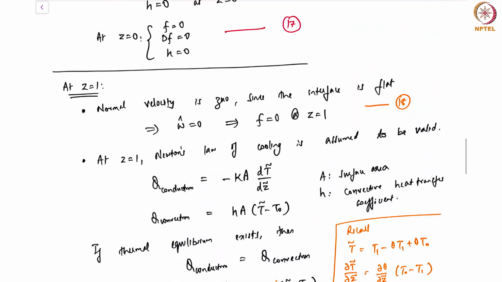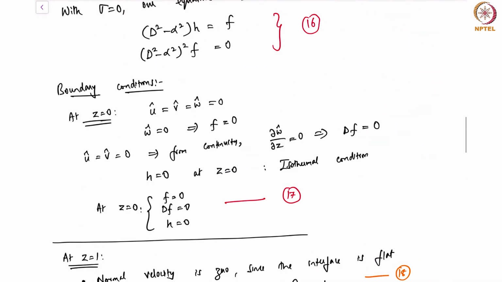The reason we need a velocity condition for the interface is, if you look at the equations, it has 4 derivatives for f and 2 derivatives for h. It's a second order equation for h, and you have a fourth order equation. The second equation 16b is a fourth order equation. So for h we have got 2 conditions.